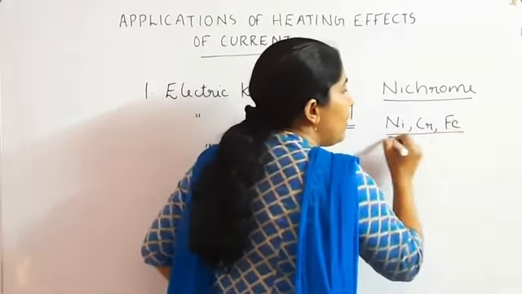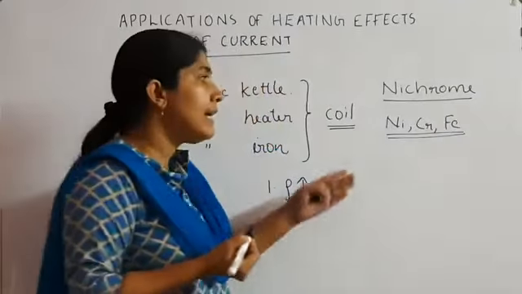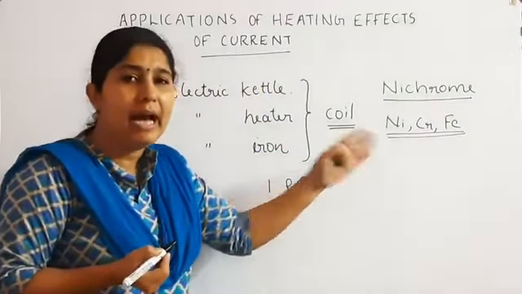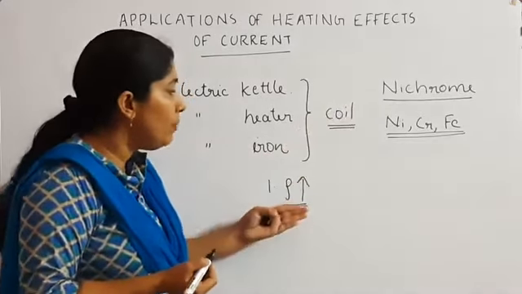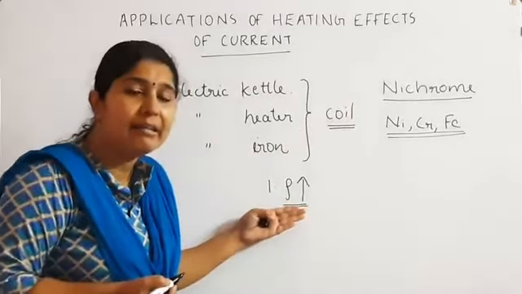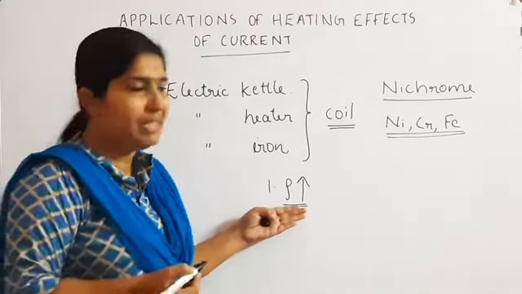The first property of nichrome is that it has high resistance or high resistivity.